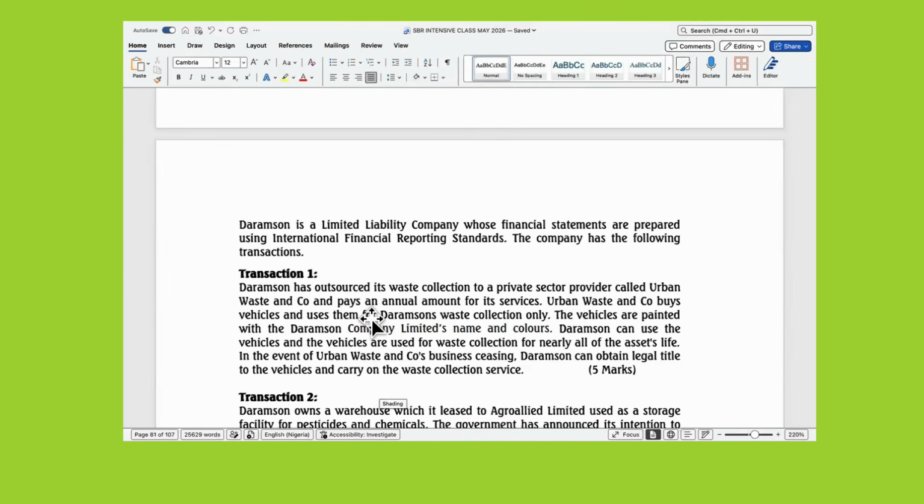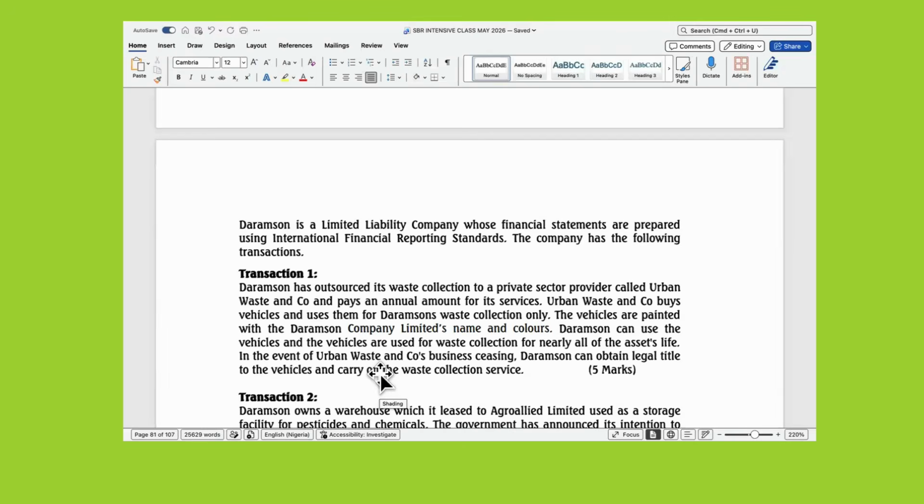Ufoma is right. She knows what the standard is about, but she doesn't know where to start and when to end. So what is happening here is that we outsourced our waste collection to a company called Urban Waste, meaning that they are the ones that help us deal with our waste, and we pay them annually for the service.